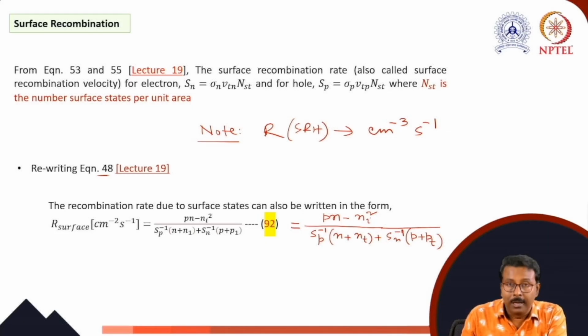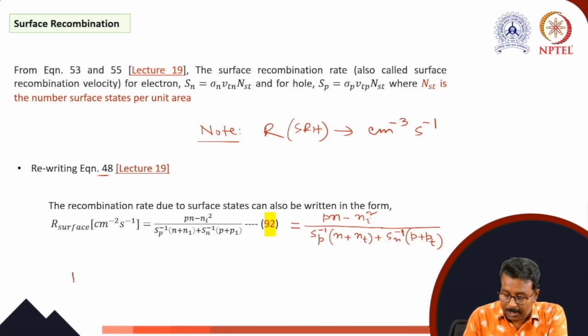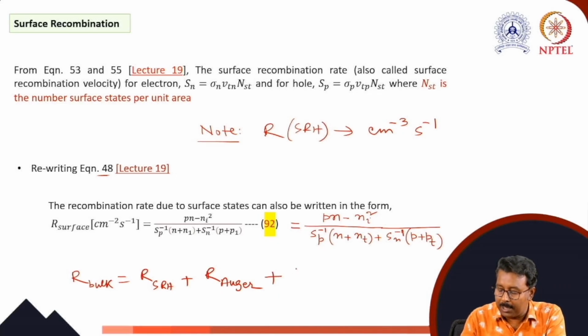In case of addition of rate of recombination, you can use simple addition of rates, but for lifetime it is the addition of inverses. Say R bulk, the total, is R SRH plus R Auger plus R radiative, if there is any radiative recombination.